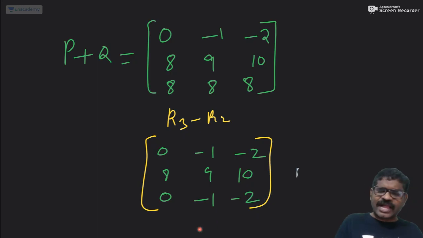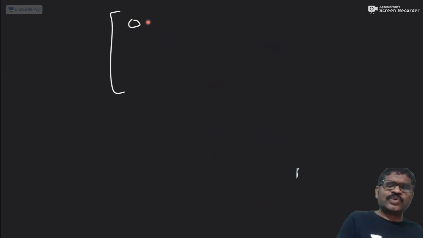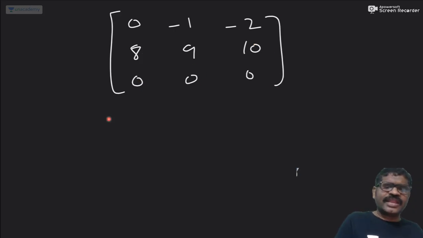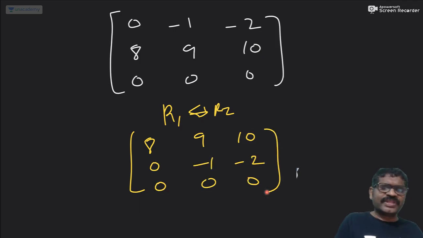Now R3 minus R1: 0, 0, 0. Interchange R1 and R2: 8, 9, 10; 0, minus 1, minus 2; 0, 0, 0.